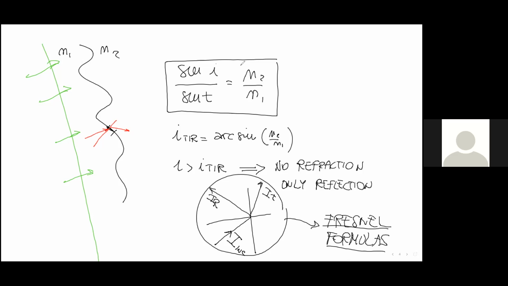Now that we gave the Snell law, we are ready to go into the laboratory, because in the laboratory we shall make measurements the first day on the Snell law and the total internal reflection, and we will evaluate how it doesn't work practically.